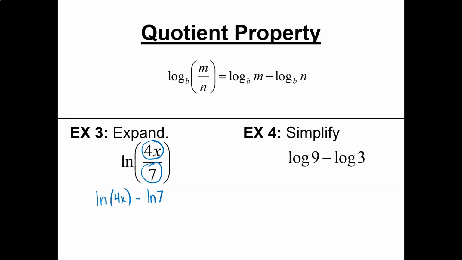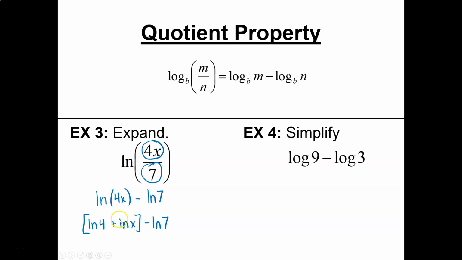Since I have already broken this part up, it is a good idea to use some brackets or another set of parentheses to say natural log of 4 plus natural log of x, minus natural log of 7 there, just to show that those two go together and should be done before the minus natural log of 7.